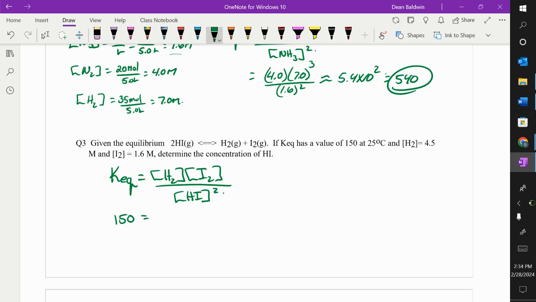H2 is 4.5. I2, where's I2? Over the concentration of HI squared.